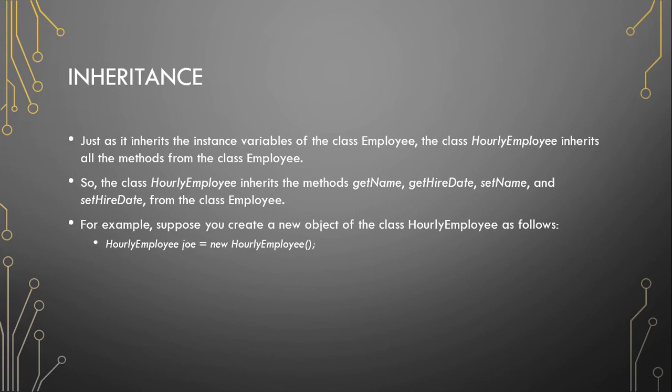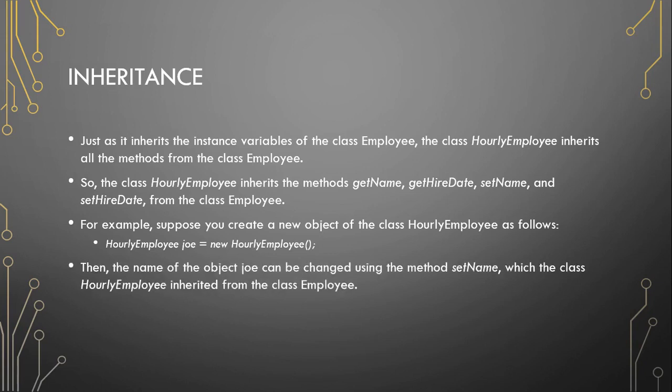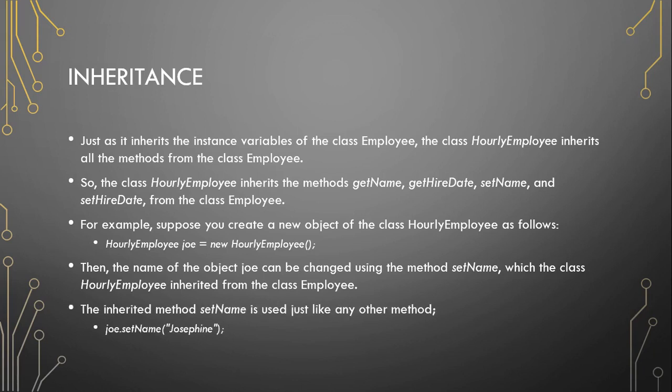For example, suppose you create a new object of the class HourlyEmployee as follows: HourlyEmployee joe = new HourlyEmployee. Then the name of the object joe can be changed using the method setName, which the class HourlyEmployee inherited from the class Employee. The inherited method setName is used just like any other method: joe.setName("Josephine").